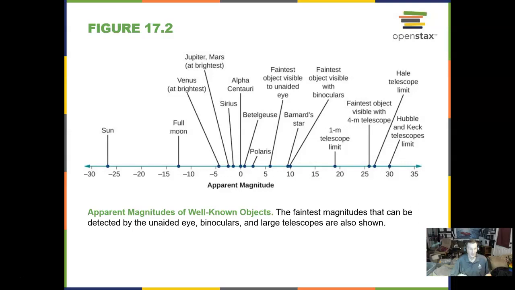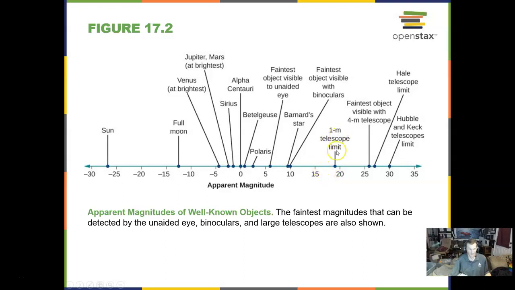We talk about magnitudes, and there are two kinds when we talk about brightnesses of objects in the sky. Apparent magnitude is what we see. How bright is it? The sun is the brightest thing in the sky, the way we apparently see it. A full moon is a lot fainter, and then we see limits as to how faint a telescope can go.